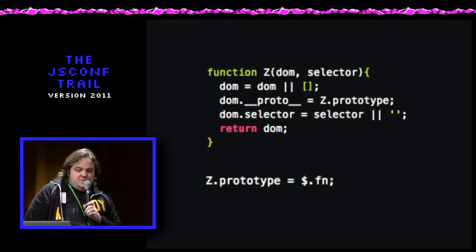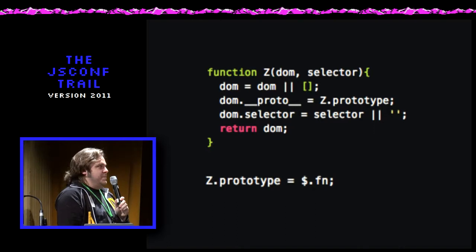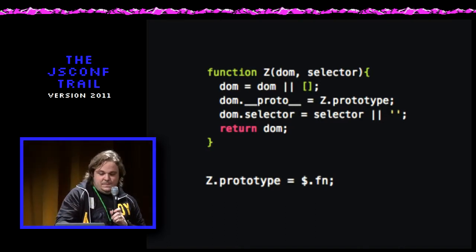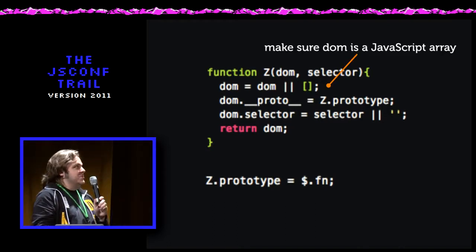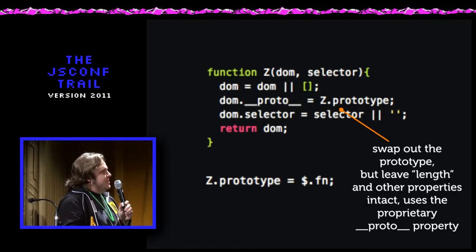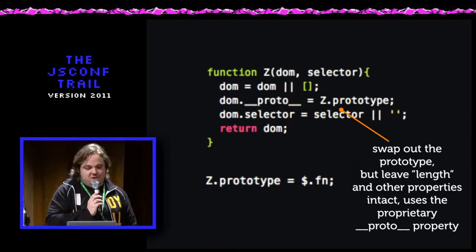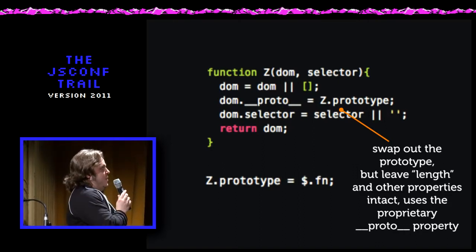So here's an instance where Zepto uses something that's kind of WebKit specific or at least non-standard. I mean, it would also work in Firefox, this thing. So what it does here, it's setting the __proto__ property of the object.